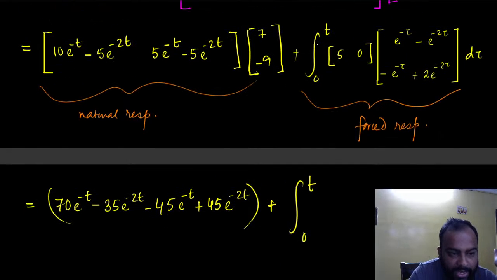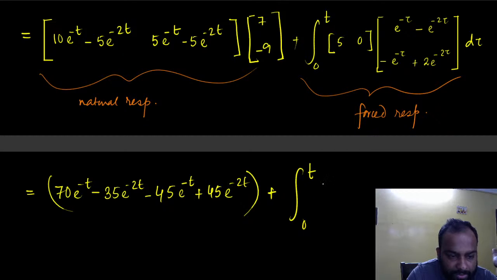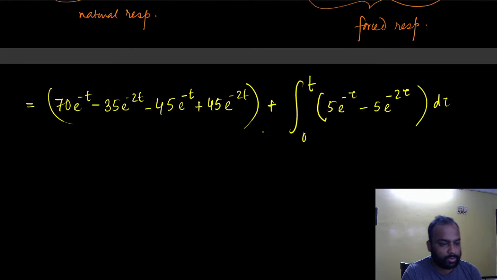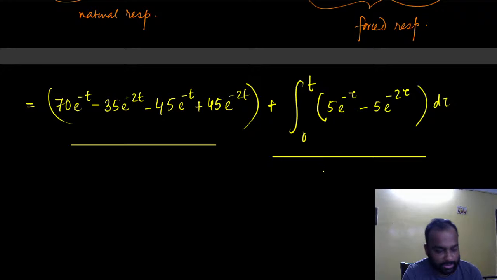Now this and this once multiplied also becomes a scalar quantity. So that just becomes 5 e to the power minus tau minus 5 e to the power minus 2 tau, d tau. This part is the natural response, this part is the forced response.